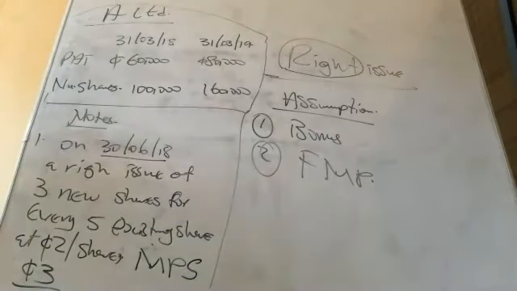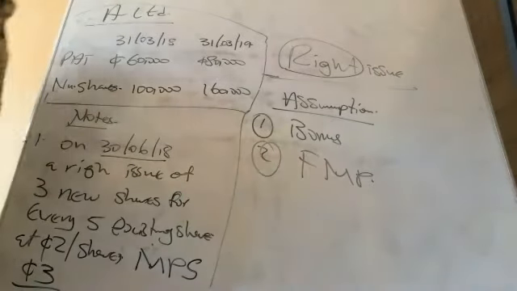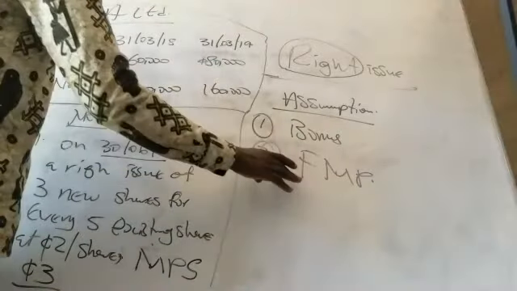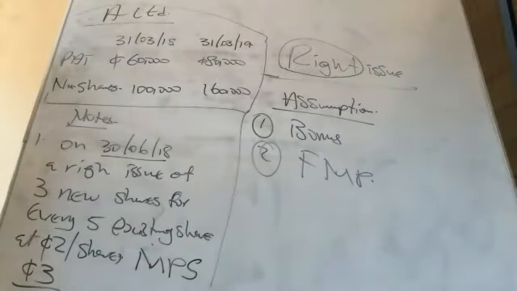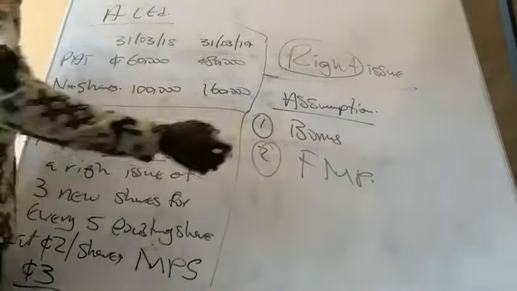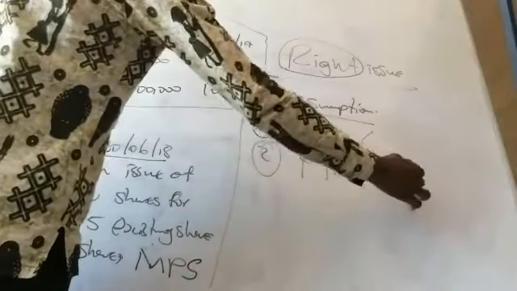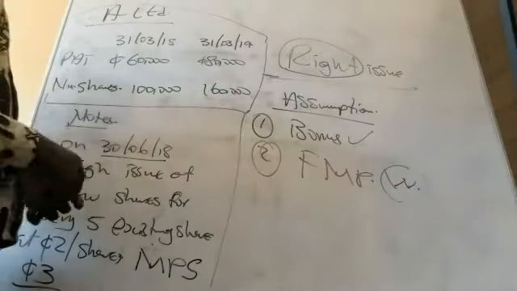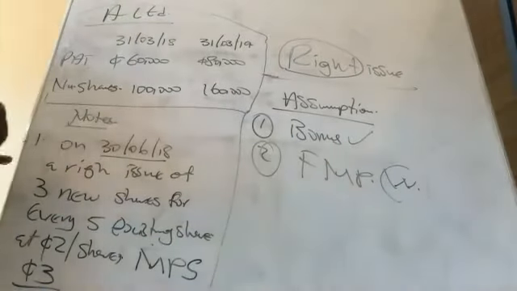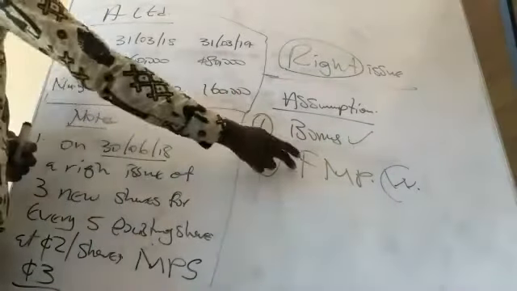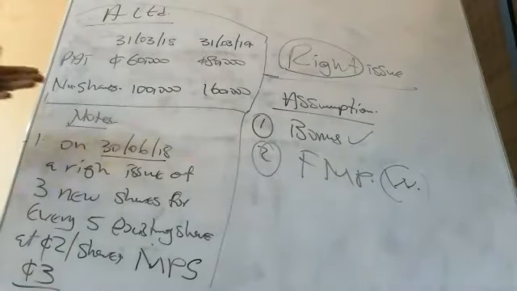Because you issue the shares below the prevailing market price, some of the shares came in for free, and some of the shares they paid for. Whatever they give us, let's use it to offset the full market price. You know that we don't weight the bonus, we weight the one at the full market price. So we have to find a technique to separate the number of shares that came in as bonus from the number that came in at full market price.